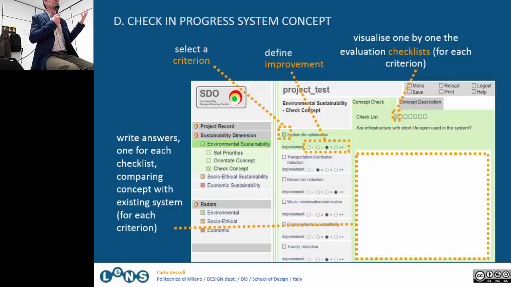Or you did something, but you said, well, this is not as radical as it should be. So maybe you will highlight its plus, its incremental improvement. Or you said, well, I changed really a lot of the system, that is a radical innovation in terms of reducing environmental resources. So you select double plus, say radical improvement. So it's a qualitative evaluation.